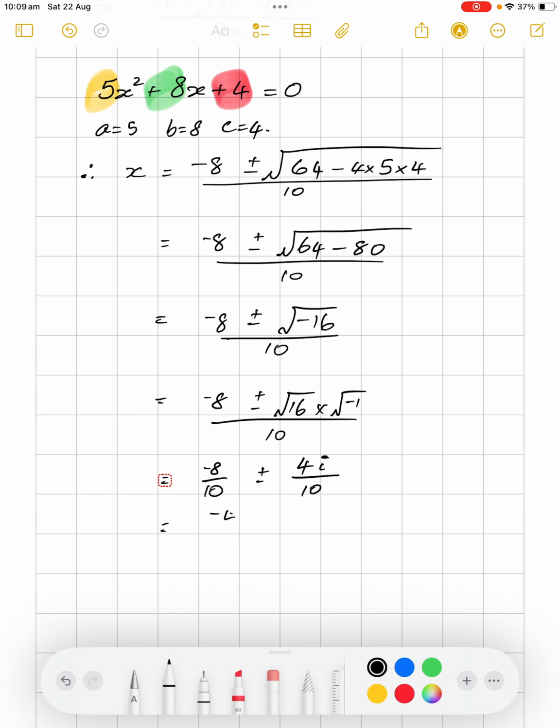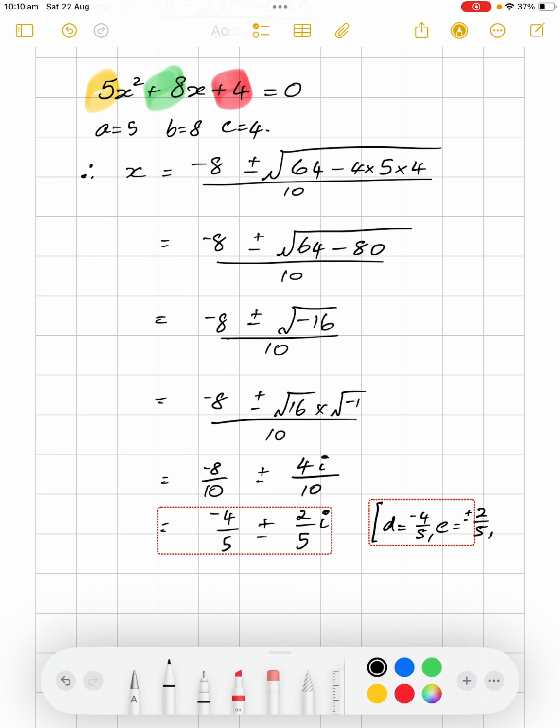Simplifying these fractions, negative 4/5 plus and minus 2/5 i. And here we've got our result where d is negative 4/5, e is plus and minus 2/5, and i is the square root of negative 1. So there's d plus ei.